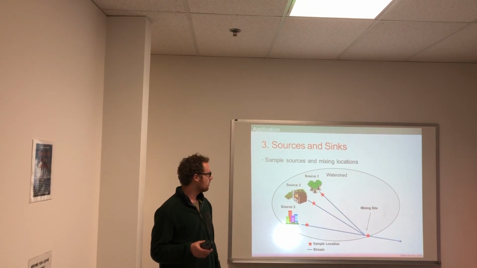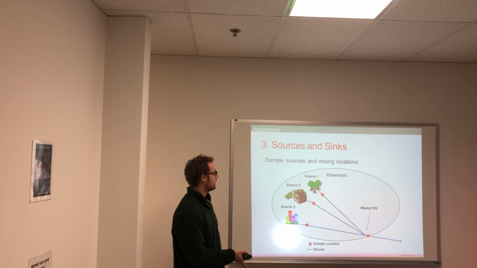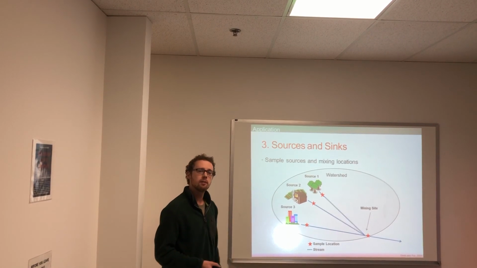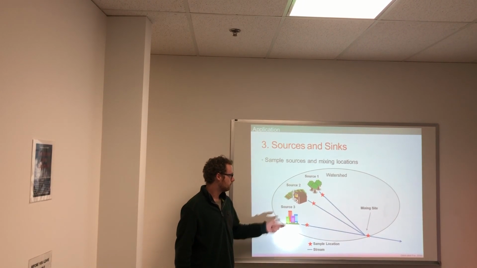Now, once your tracers are identified, the next step is to characterize your sources as well as your mixing site. So, in this diagram of a hypothetical watershed, we have three separate sources: forest, agriculture, and urban.